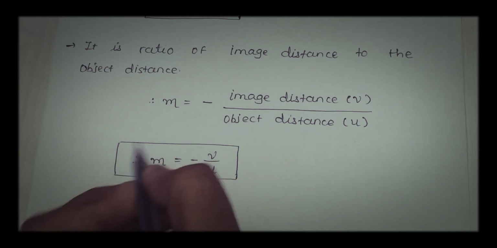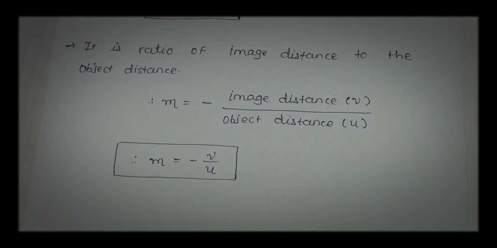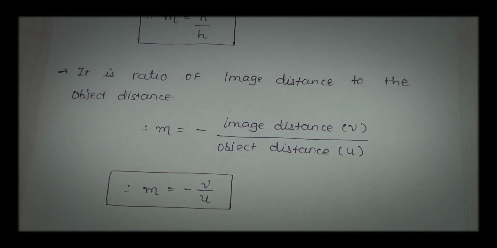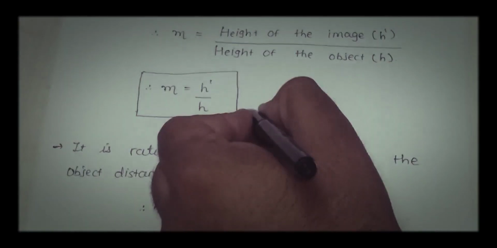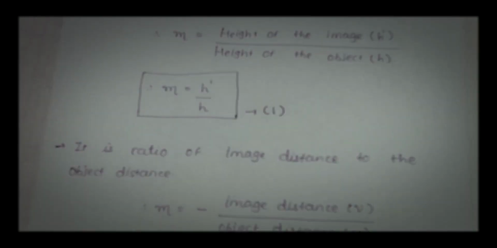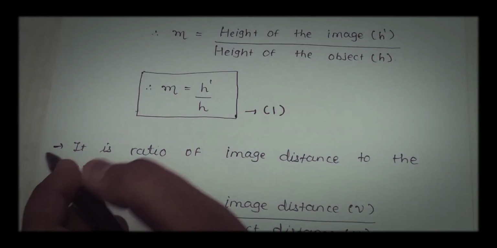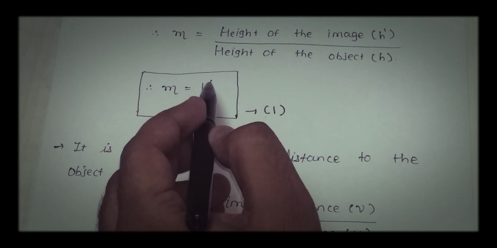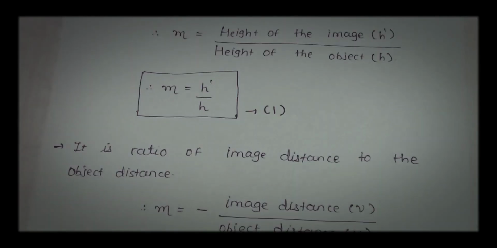Now students, how can we determine, by using these two formulas, whether our image nature is real or virtual? First, let's go to the first equation. Here you can see it is the ratio of image height to object height.